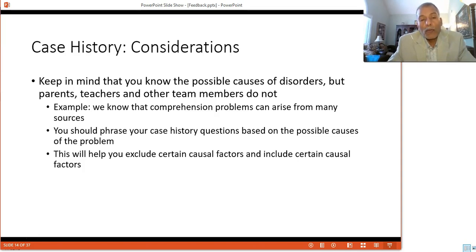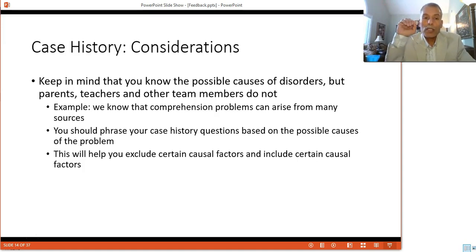So where do you get this information? It is from your undergrad ComD courses, the science courses that you had. For example, your training should have shown you that people with middle ear infections are going to have this whole list of problems. People with head injury will have this list of problems, and so on. So we look at the possible causes. We have a list of concerns, like say comprehension is a problem, following directions, and immediate word recall.